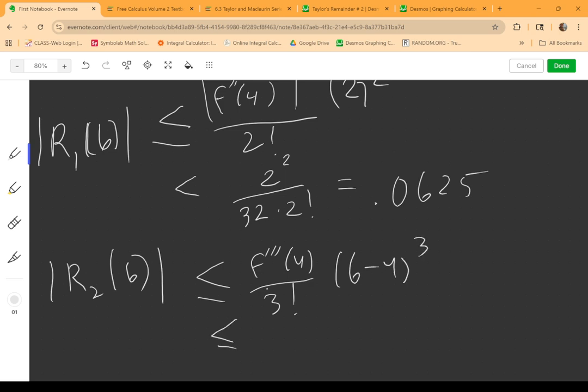We saw that was 3 over 256, that was our f triple prime at 4. And then we have times 3 factorial, and then this is 2 to the third power. All right, so typing all that in.